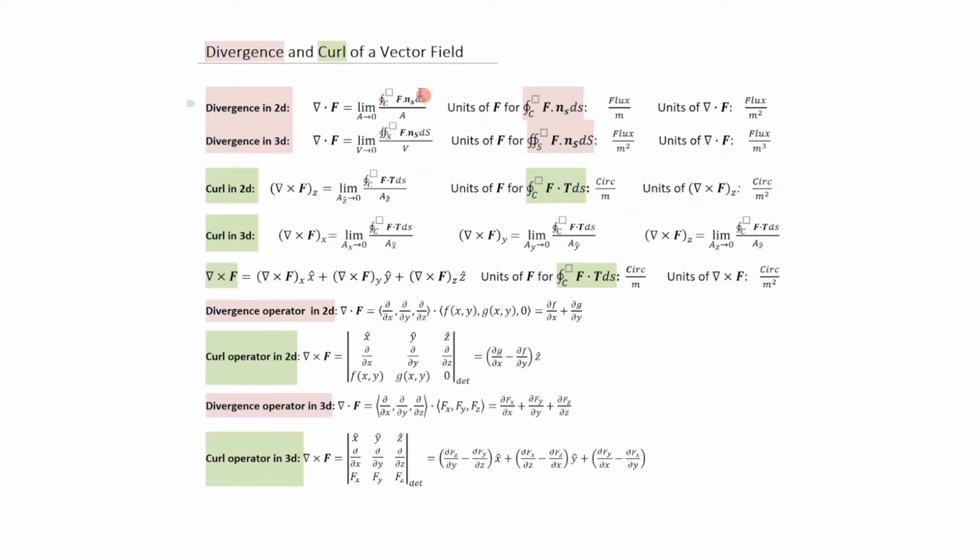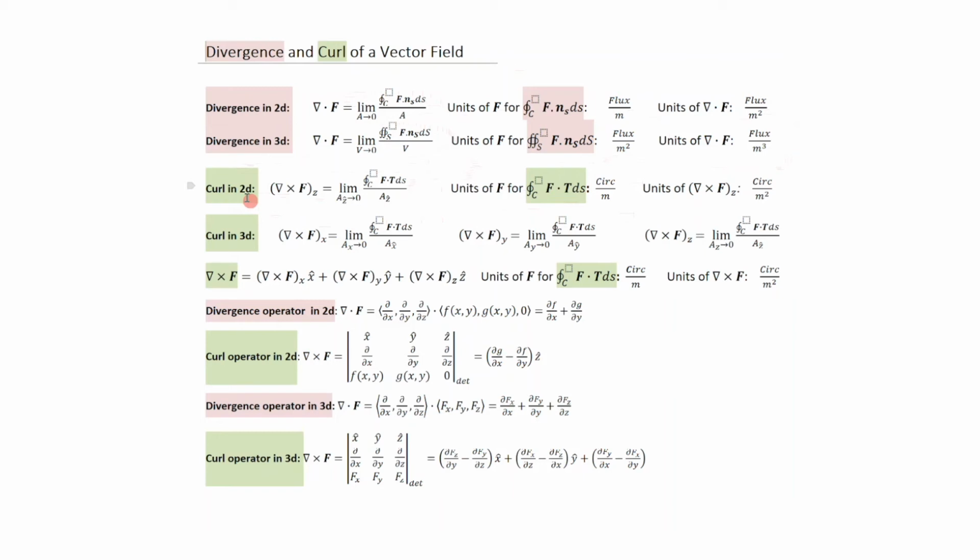Divergence in 2D, we defined it to be this. We give the units of F here, and we give the units of divergence F here. In 3D, this was integrating over a closed surface and dividing by the volume. Units of F in this case were flux per meter squared, and units of divergence F is flux per cubic meter.